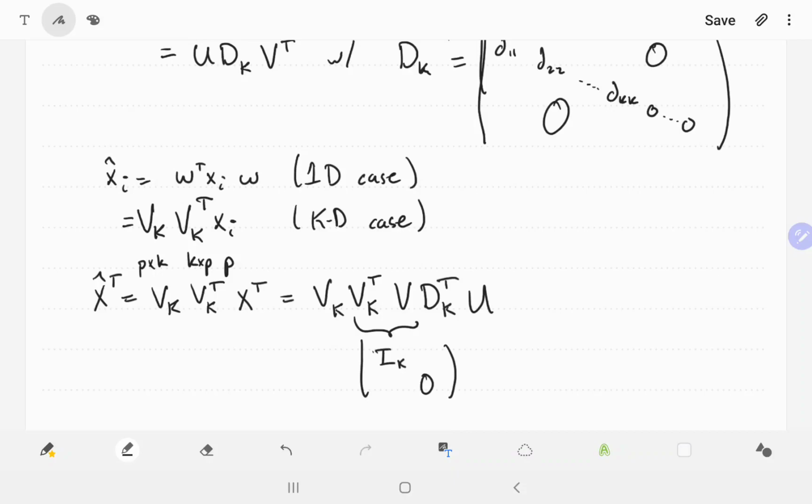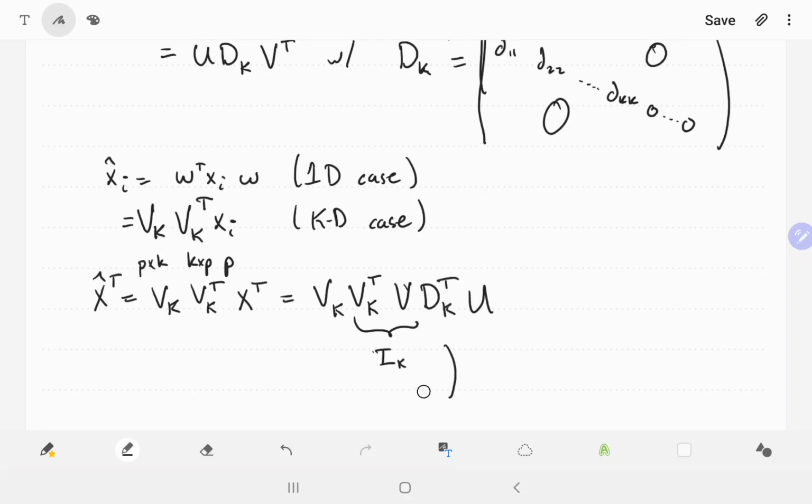Because V k transpose has rows which are the top k eigenvectors, and when you multiply it with V, it produces the identity because of orthonormality of the eigenvectors. But then it's only k by k, and so the other products are going to be zero.